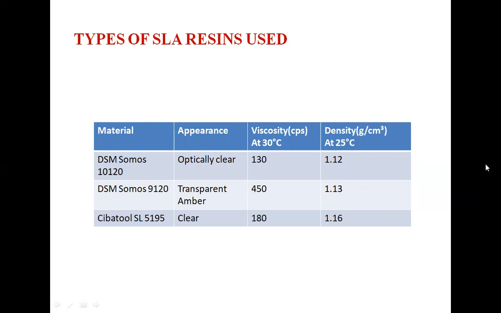Next material is DSM SOMOS 9120: its appearance is transparent amber, its viscosity is 450 CPS, and its density is 1.13 gram per centimeter cube. Next material is Ciba SL 5195: its appearance is clear, its viscosity is 180, and its density is 1.16 gram per centimeter cube.